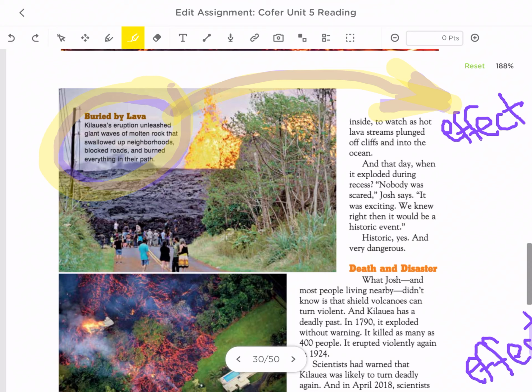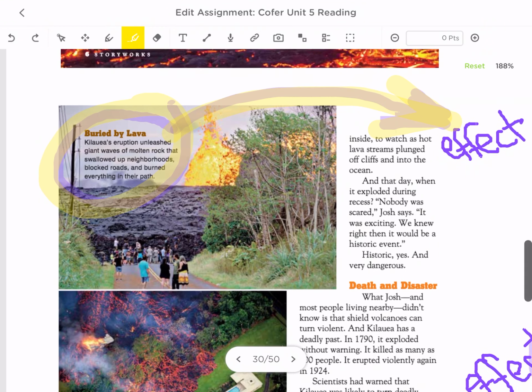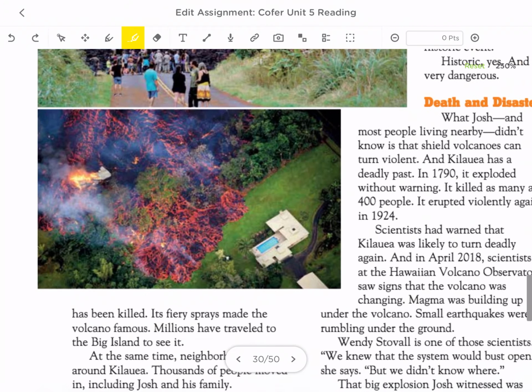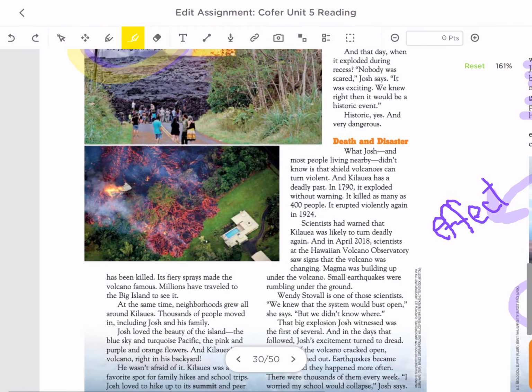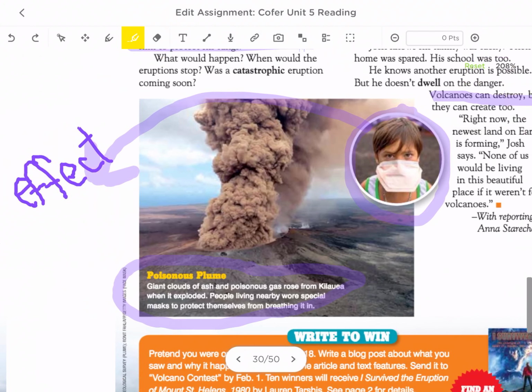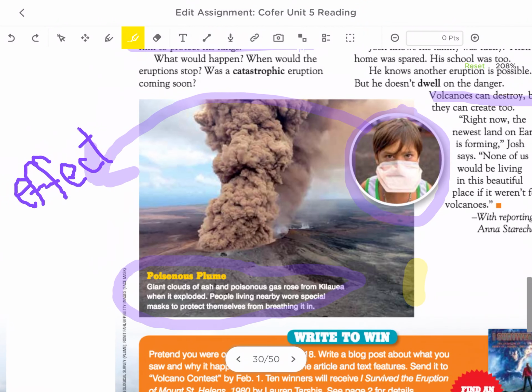It says, Kilauea's eruption unleashed giant waves of molten rock that swallowed up neighborhoods, blocked roads, and burned everything in their path. Well, that is definitely an effect of this volcano erupting. And you can see some of these just devastating pictures. Here's another example of an effect.